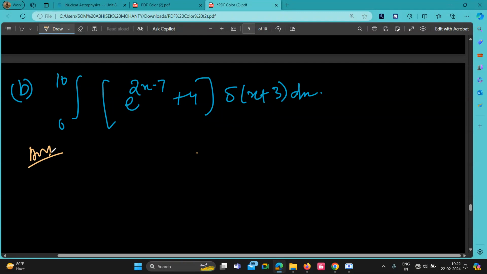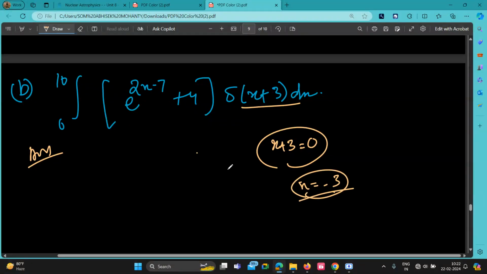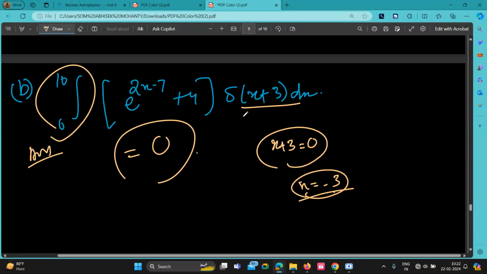Okay, see here, this x plus 3 is equal to 0 if I write, so x is equal to minus 3. So x is equal to minus 3 does not lie between 0 and 10, does it? So the answer is 0. If it doesn't lie between the limits, then it will become 0.